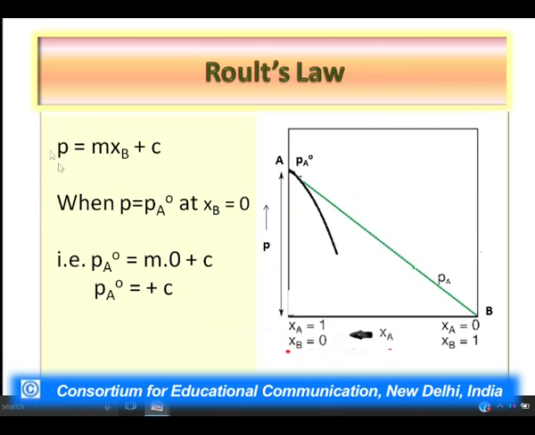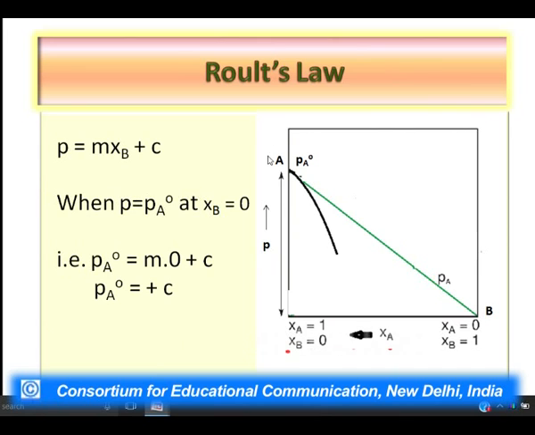So, since pressure is on the y axis, in the equation y equal to mx plus c, we may take P instead of y. Similarly, P is equal to mx plus c, and x is the variable on the x axis, which in this case we have chosen to be the amount fraction of component B. So, the linear equation of line segment AB becomes P equal to m xb plus C.